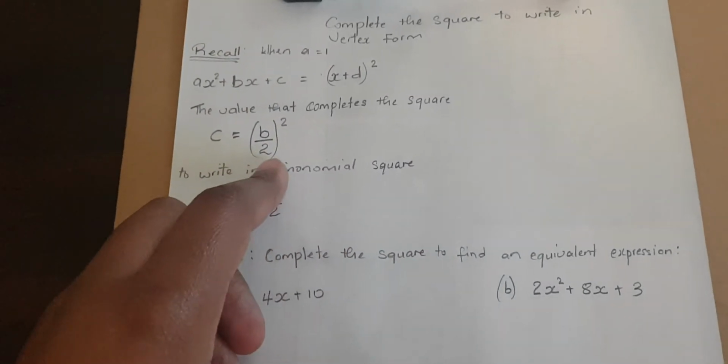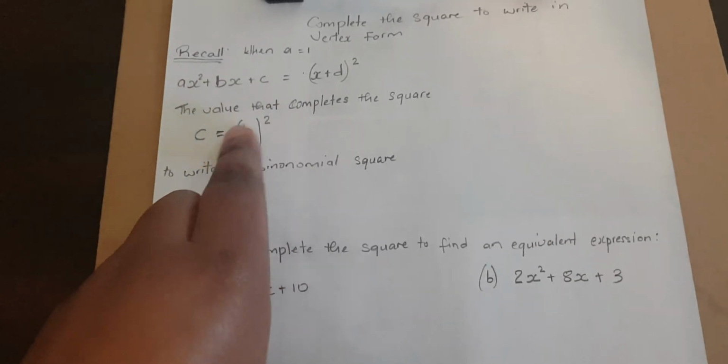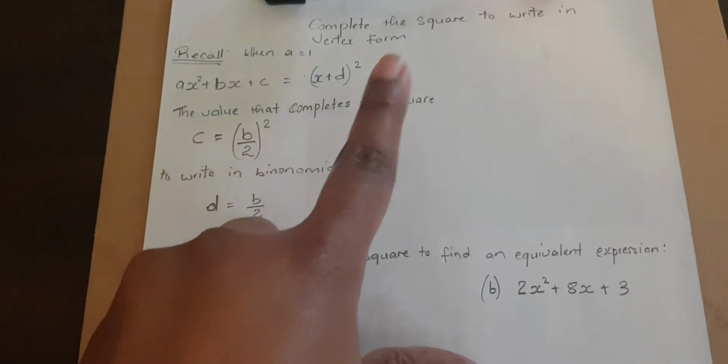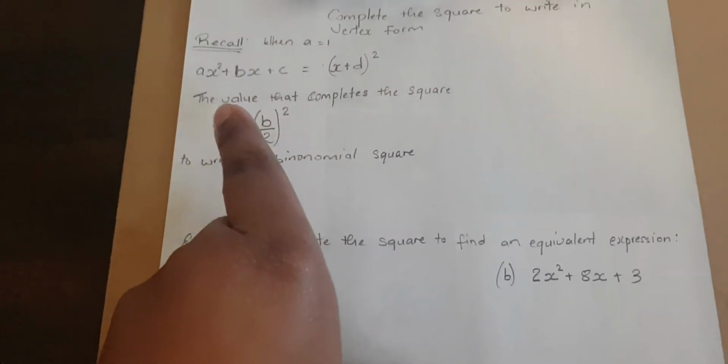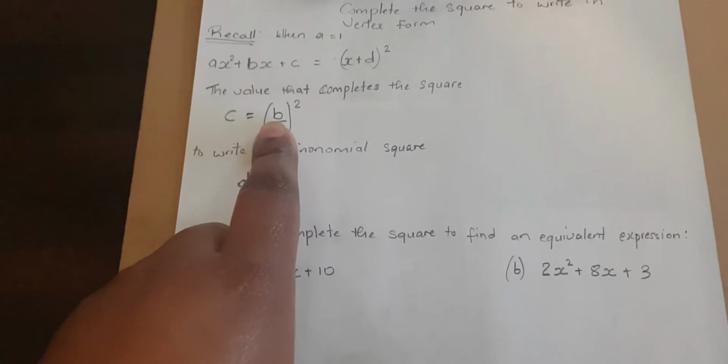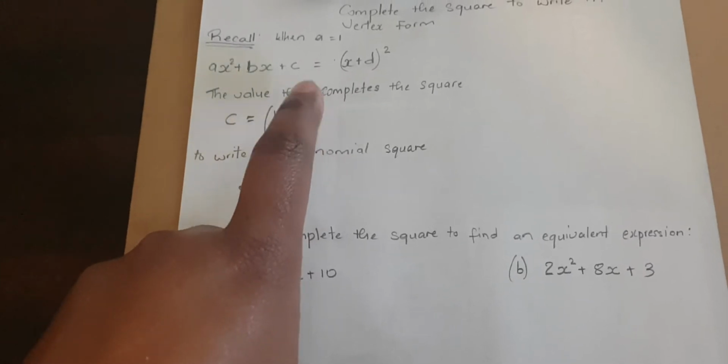And then from our previous assignments, these are some rules that we learned. The value that completes the square, the value that we used when we were modeling with the algebra tiles, is always half of b, squared.